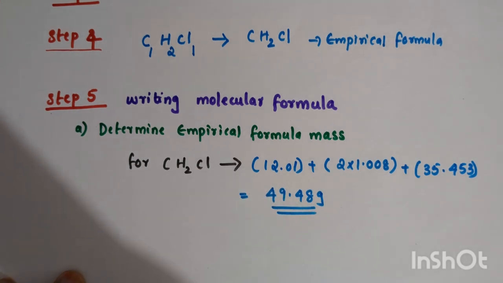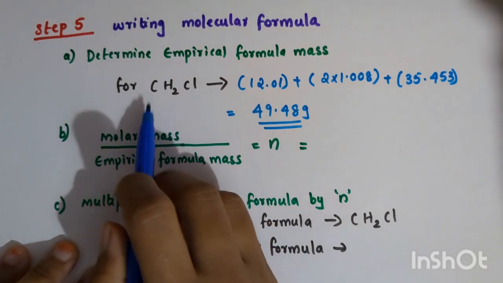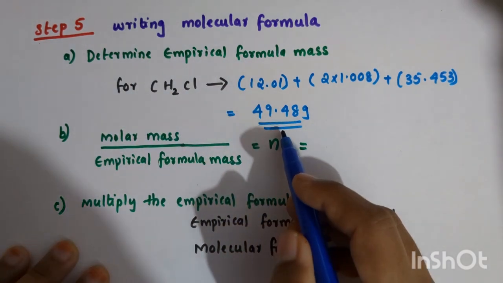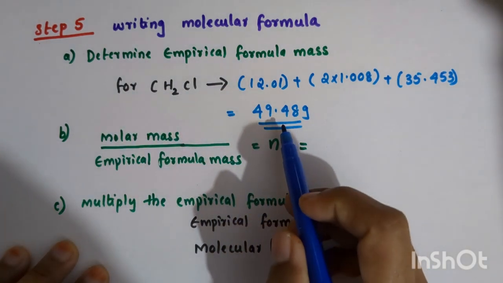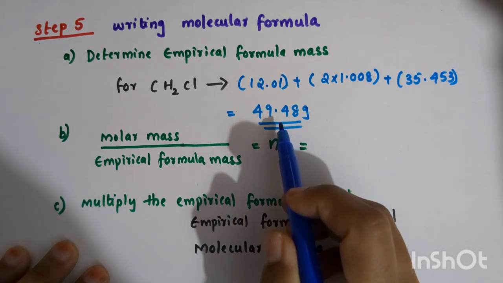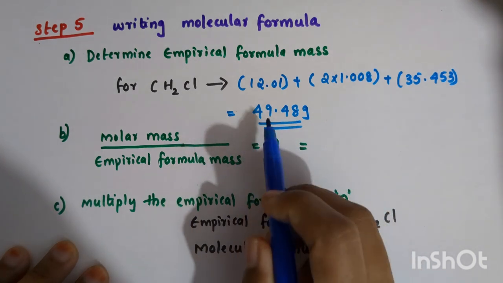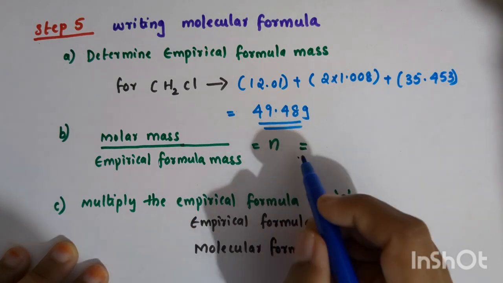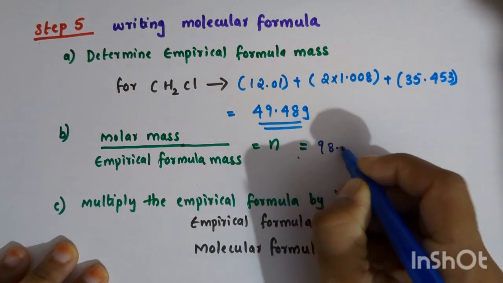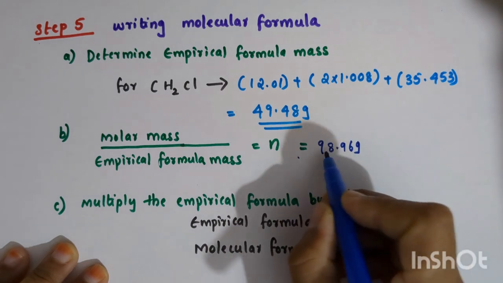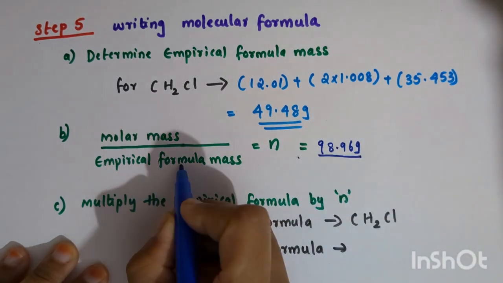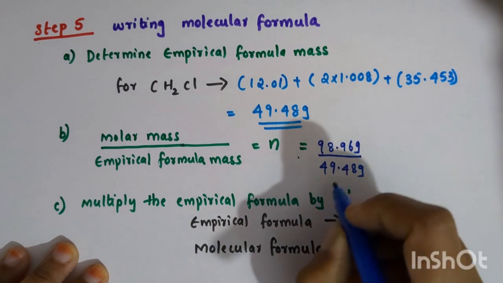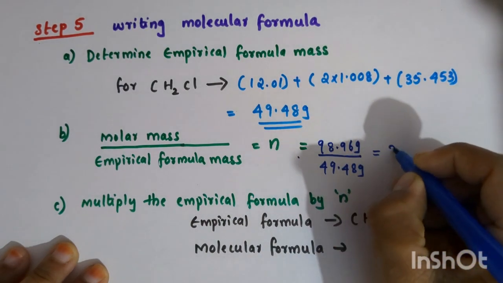So this 49.48 gram is the empirical formula mass. Now we want to divide the molar mass by the empirical formula mass. Empirical formula mass is 49.48 gram. Molar mass is given in the question as 98.96 gram. So when we divide these two, we get 2.